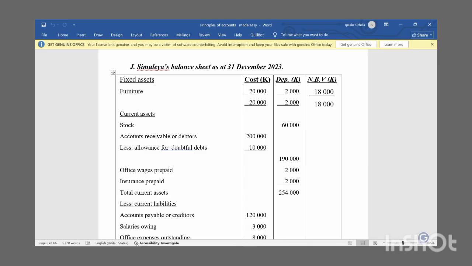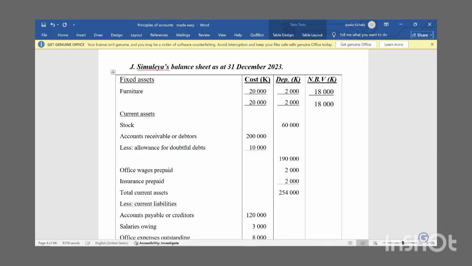That's why we get closing stock, not opening stock. The closing stock was 60,000, so we put it there. The debtors were 200,000, and debtors have to be adjusted by provision for bad debts or allowance for doubtful debts. They are the same thing. And in the balance sheet, the provision that we put is the new provision.